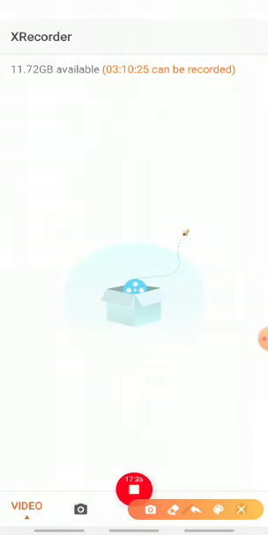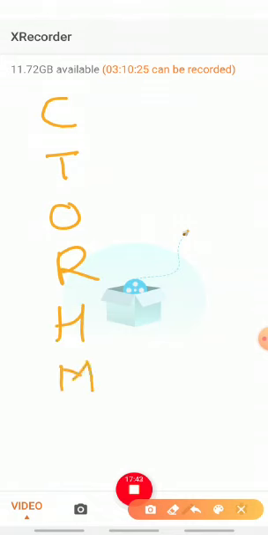So once more we'll try to remember it. C-Tor-HMT. C means cubic. T means tetragonal. O means orthorhombic.